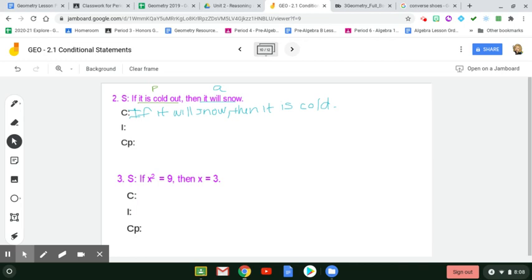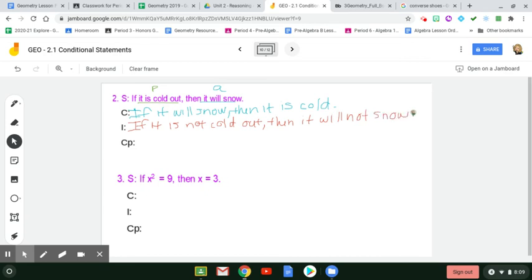All right, let's go down to the inverse and then we'll think about if the statement is true or false. Inverse, remember you keep everything in the same order as the original statement, you just negate them. So, if it is not cold out, then it will not snow.